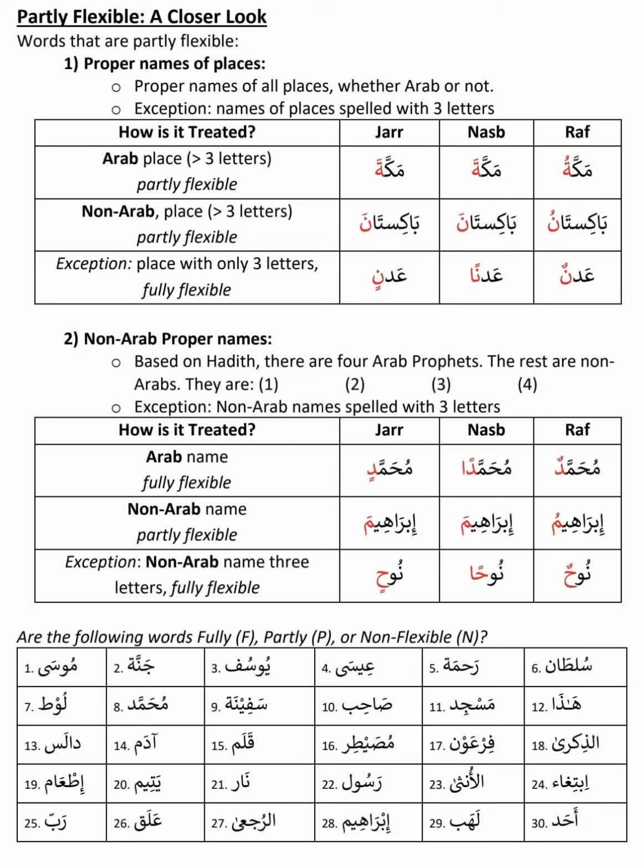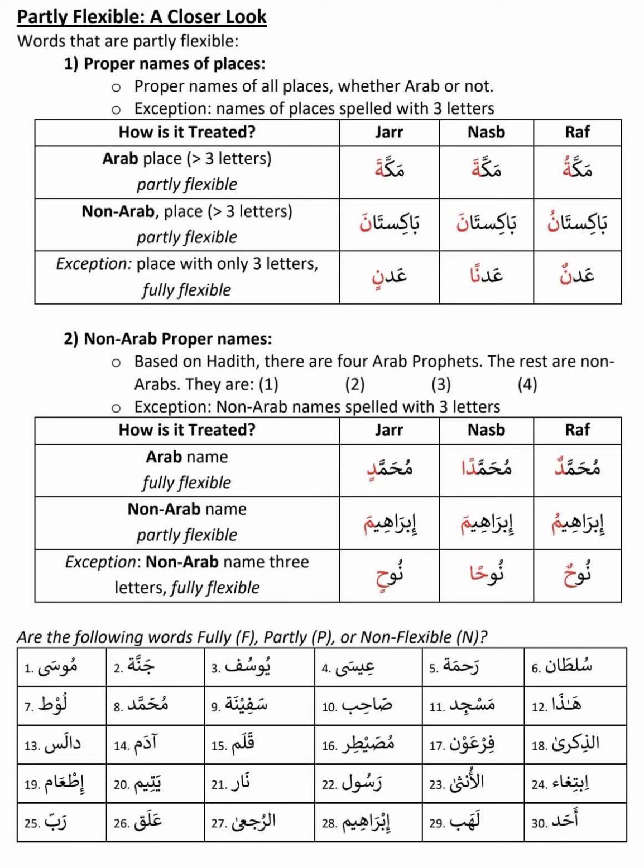And also, any non-Arab prophet name or any non-Arab name is considered partly flexible. So when it comes to prophets' names, there are approximately, I think, 25 prophet names mentioned in the Quran. Out of that, only 4 prophets are Arab prophets. All others are non-Arab prophets. Those 4 prophets are Hud alayhi salam, Salih alayhi salam, Shuaib alayhi salam, and obviously Muhammad sallallahu alayhi salam.